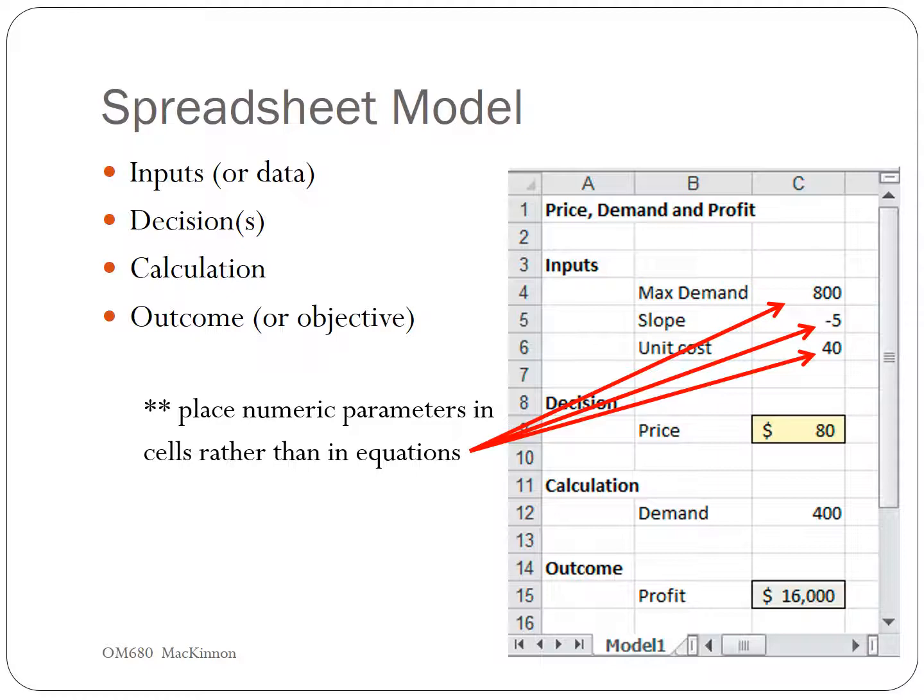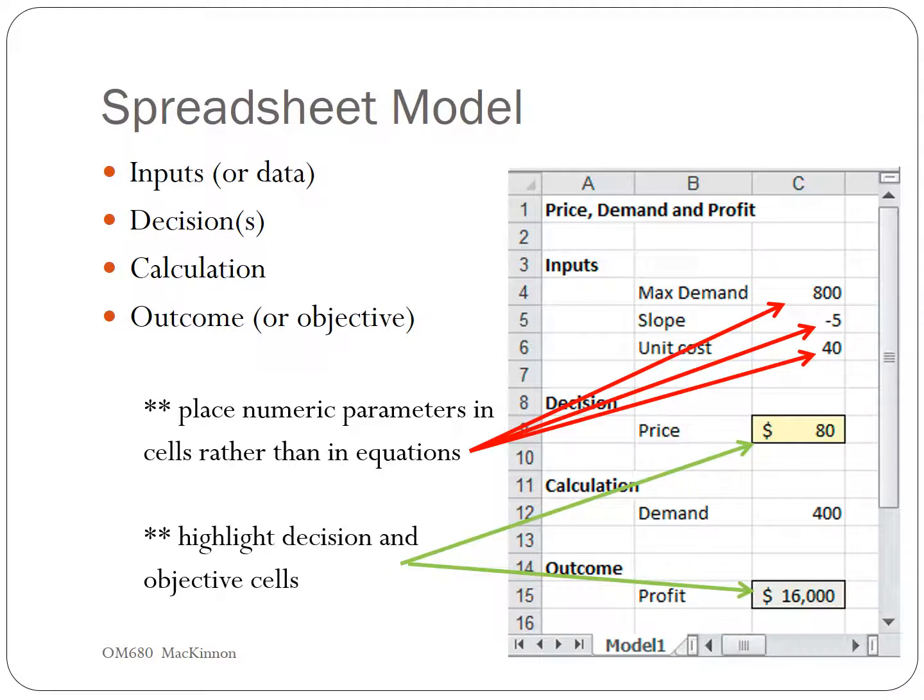And so we can refer to these cells in our calculations rather than embedding those numbers in our calculations. And that's going to be important, because the tendency is to just care about the right answer. But spreadsheet modeling, optimization, and decision analysis is so much more than just finding the right answer. It's how you find it and how you communicate your results.